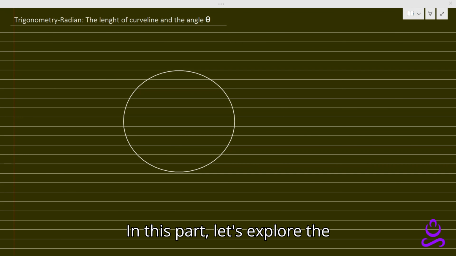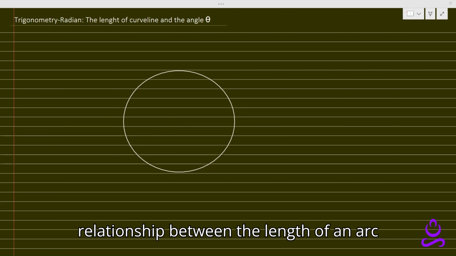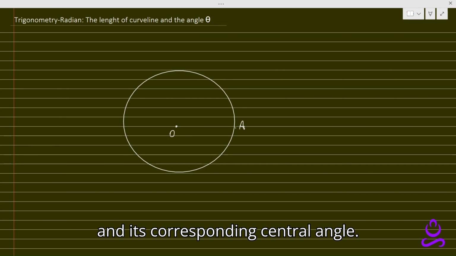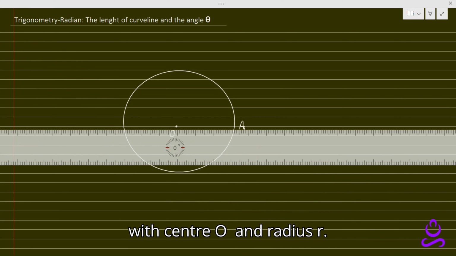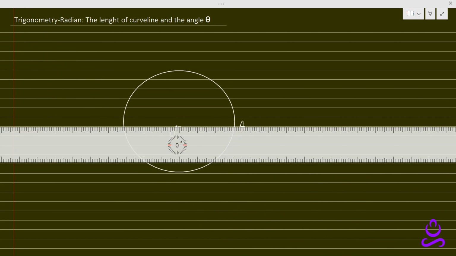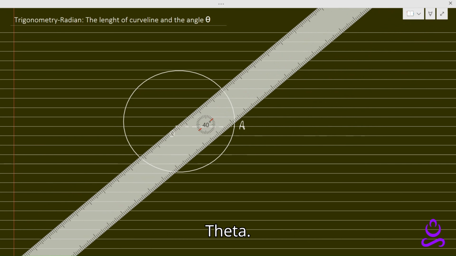In this part, let's explore the relationship between the length of an arc and its corresponding central angle. To do this, consider a circle with center O and radius R. Let's call the central angle theta.